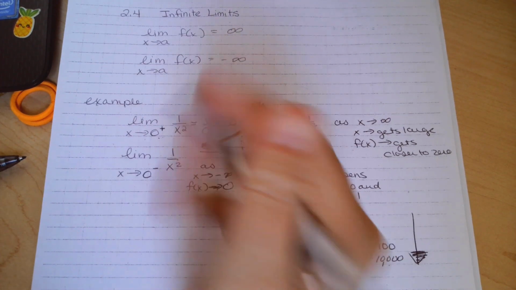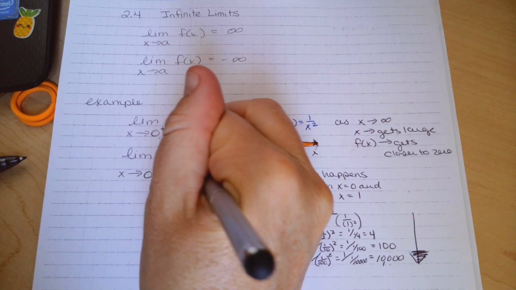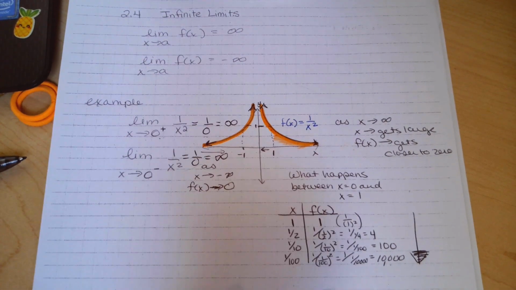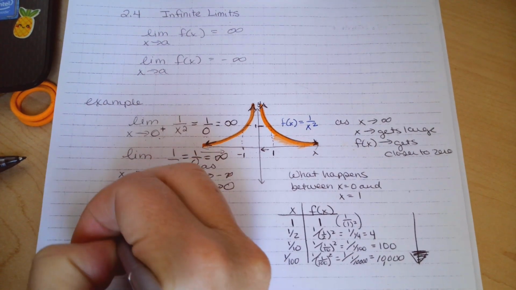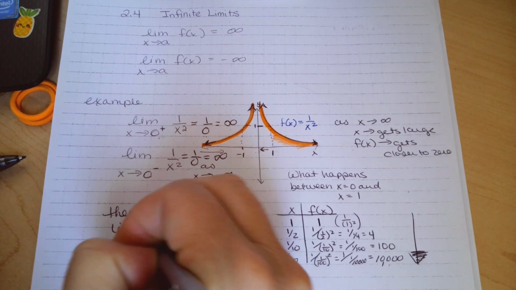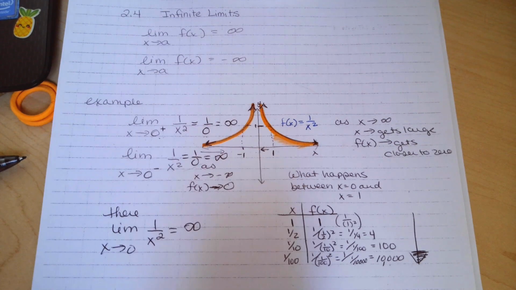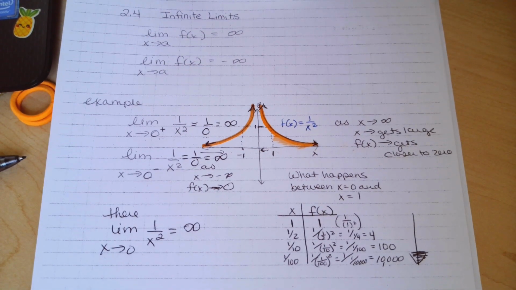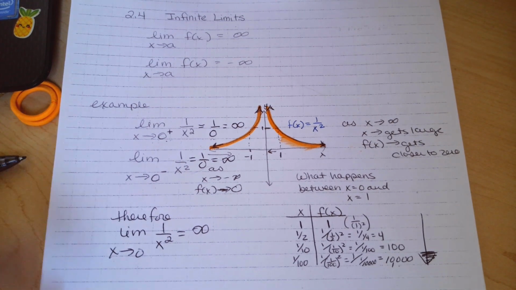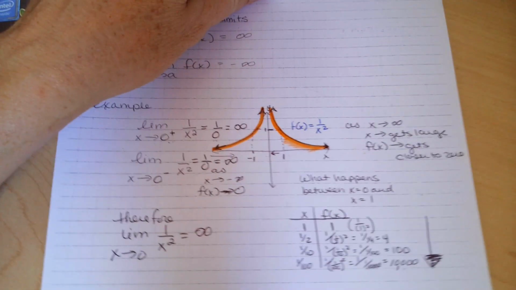And so we know that this also goes to infinity. Therefore, the limit as x approaches 0 of 1 over x squared equals infinity. Okay, let's do another one real quick.